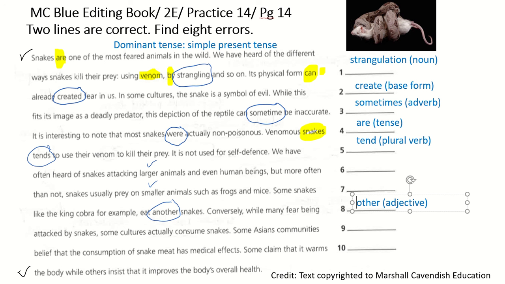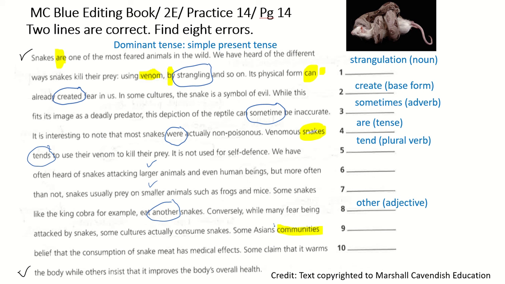Conversely, while many fear being attacked by snakes, some culture actually consume snakes. Conversely means on the other hand. Some Asians communities believe that the consumption of snakes has medical effects. Communities, I see that there is this noun here, communities, but in front it is another noun, Asians, that refers to people who are Asians.